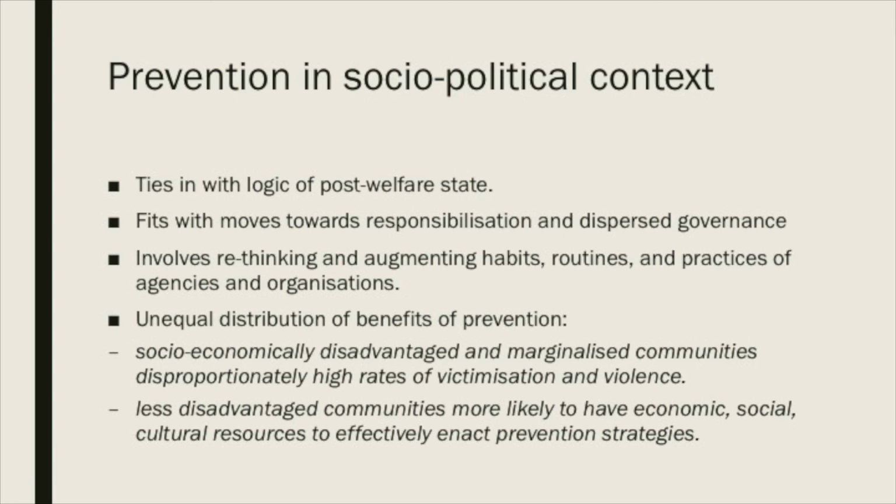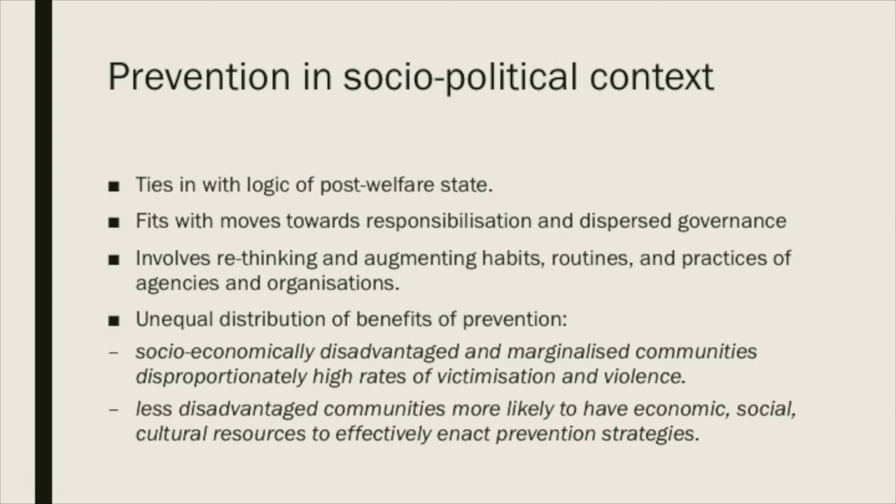However, something else to think about that ties in with our thinking about contemporary socio-political structures and arrangements is that there seems to be an unequal distribution of the benefits of crime prevention.